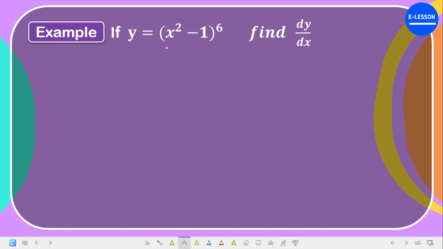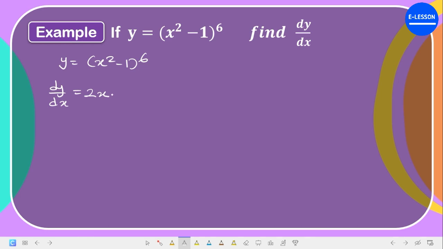Now you have this. What do you do? First of all, we say let y be equal to (x squared minus 1) raised to the power of 6. I told you that the first thing you do is differentiate what is in the brackets. If you differentiate x squared, it's going to give us 2x.